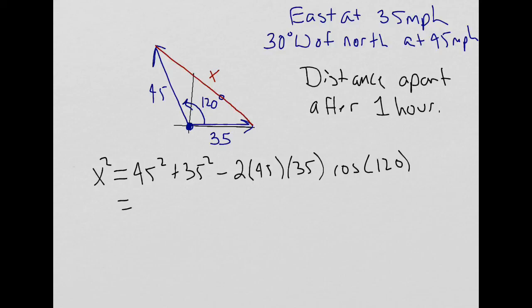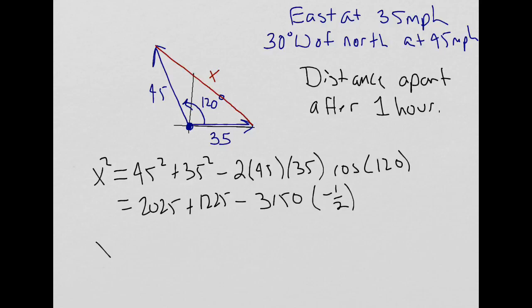So I've got, let's see, 45 squared is 2,025, 35 squared is 1,225, and 2 times 45 times 35 is 3,150. Cosine of 120, that's going to be the same thing as cosine of 2 pi over 3, and since we're over here in this quadrant, cosine should be negative, so we're going to get negative 1/2 for this cosine value.